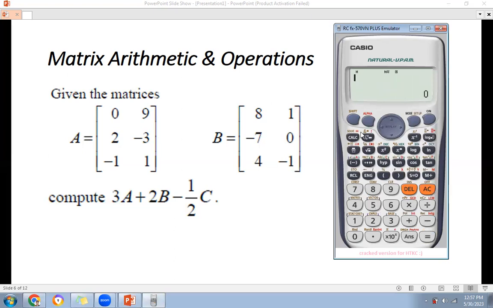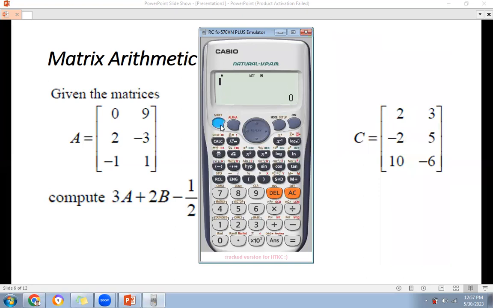Press AC, and then let's define matrix C also. Matrix C is also 3 by 2: 2, 3, -2, 5, 10, -6.